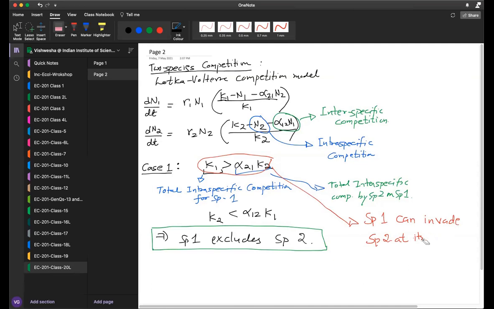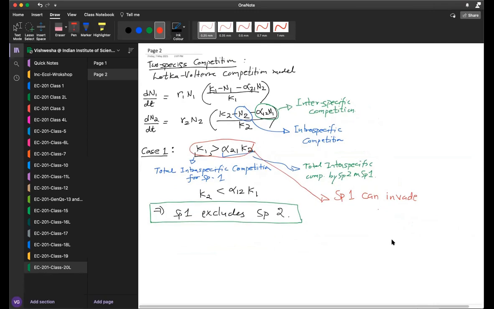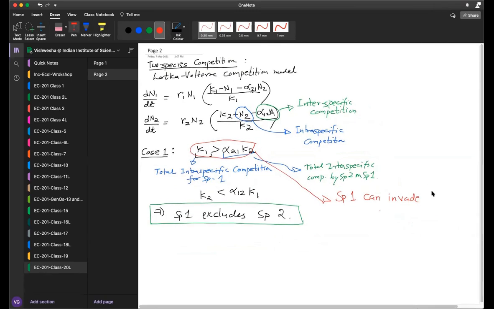I think this is sufficient to say, no? Can invade species 2 is sufficient, right? Because we do invasibility analysis only when the other one is fully occupied anyway. Species 1 can invade SP2. And what does this mean? Species 2 cannot invade species 1. So this is the interpretation I initially began explaining when I explained each of the scenarios.